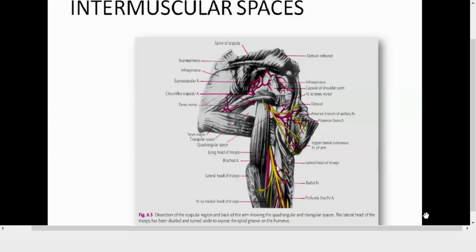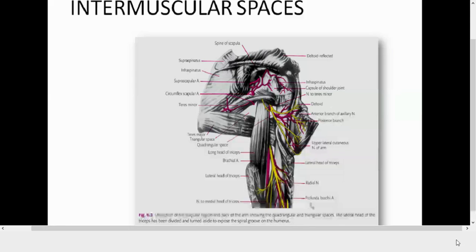Now see which artery and veins are passing. The artery is the profunda brachii artery, and the profunda brachii vein. What do you understand by profunda? Deep.